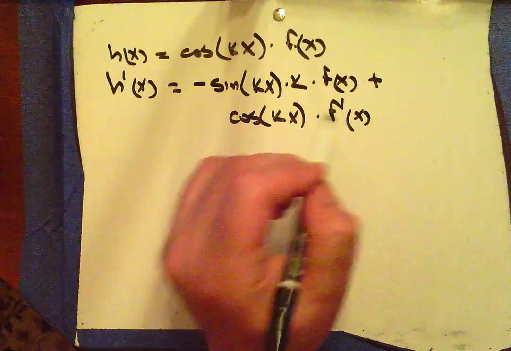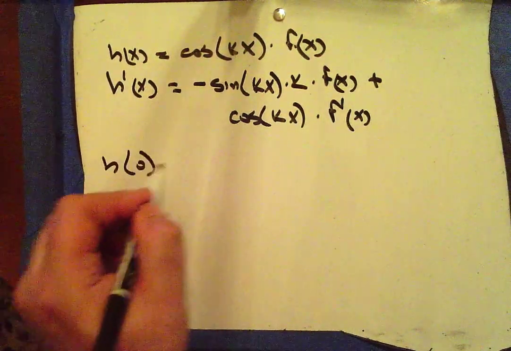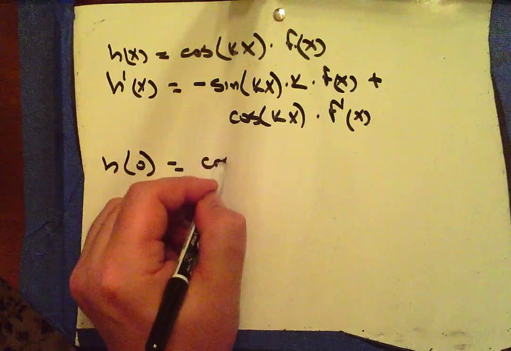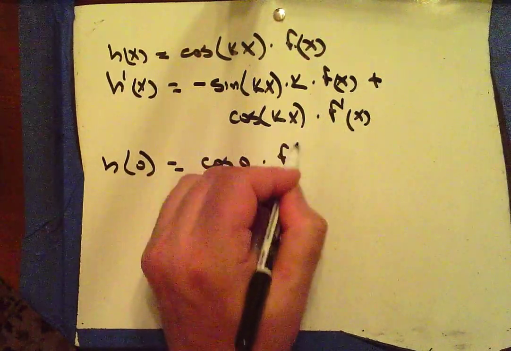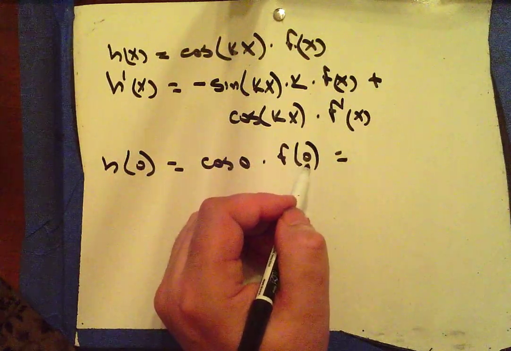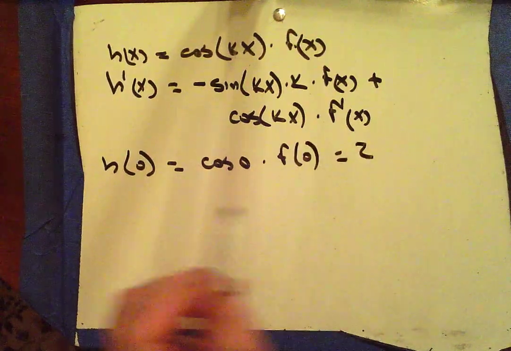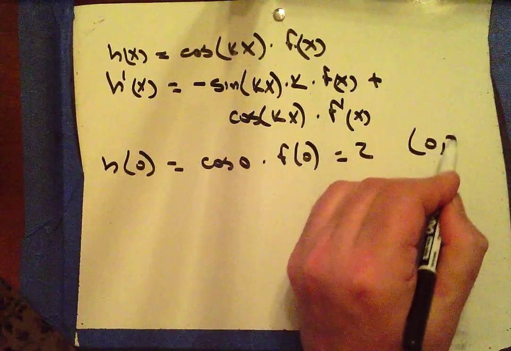And we're asked to write the equation of the tangent line at 0, so I need h of 0, which is cosine of 0 times f of 0. Cosine of 0 is 1. F of 0 is 2. So 1 times 2 is 2. So I have the ordered pair 0, 2.